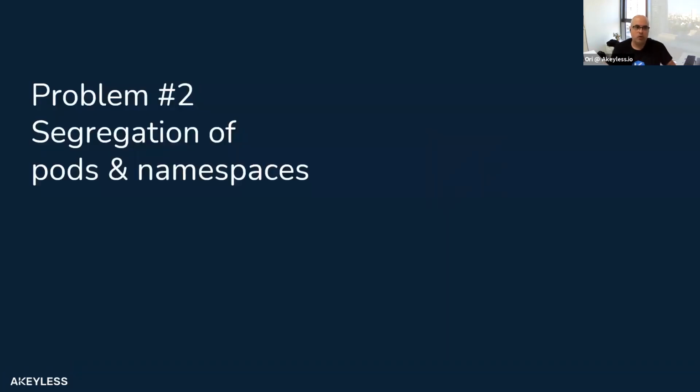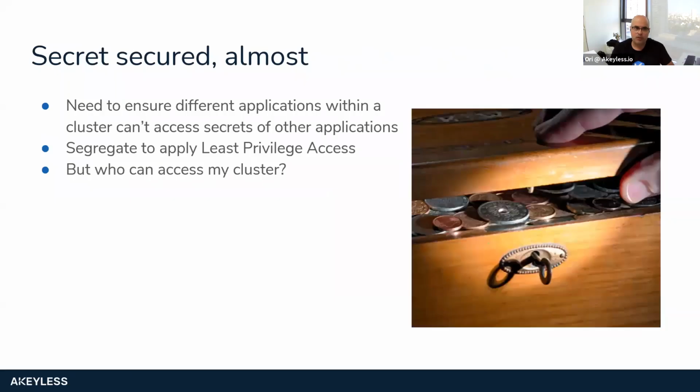So let's move to that second problem, and this is the problem of segregating access to secrets per specific pods or namespaces. And again, we want to make sure that the application will get access to a specific set of secrets.